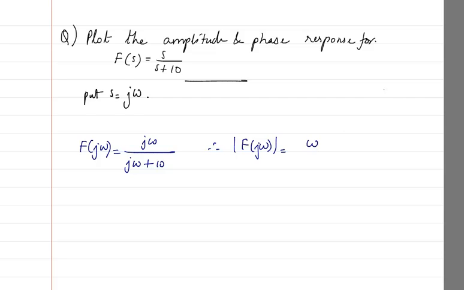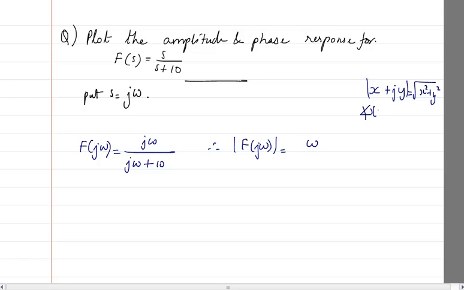Why? Because I already told you for x plus jy, the magnitude is the square root of x square plus y square. And what is the angle? The phase angle of x plus jy is going to be tan inverse of y by x. So the same principle will apply here. So for j omega, it's going to be the square root of 0 square plus omega square, which comes out to be omega.